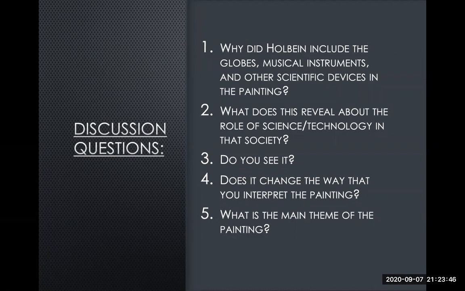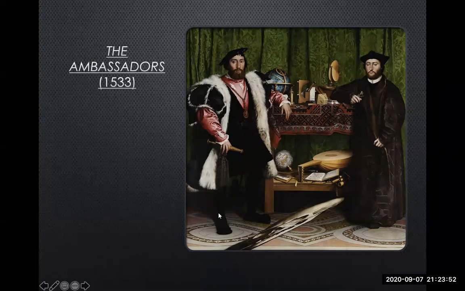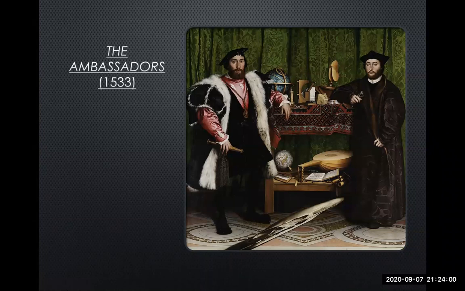Question 3, one of my favorite questions. Do you see it? If you look in the painting, down at the bottom, what might look like driftwood is actually a skull. So if you go to the lower right, even on your computer screen, you'll see that this is a skull that Holbein has embedded into his painting, hidden in plain sight.